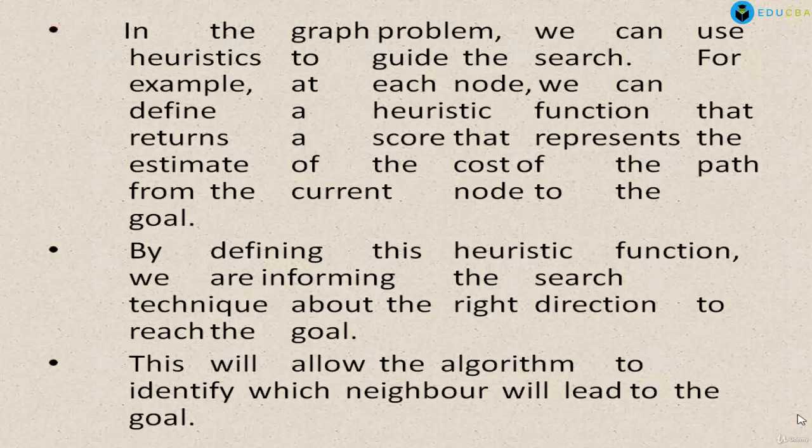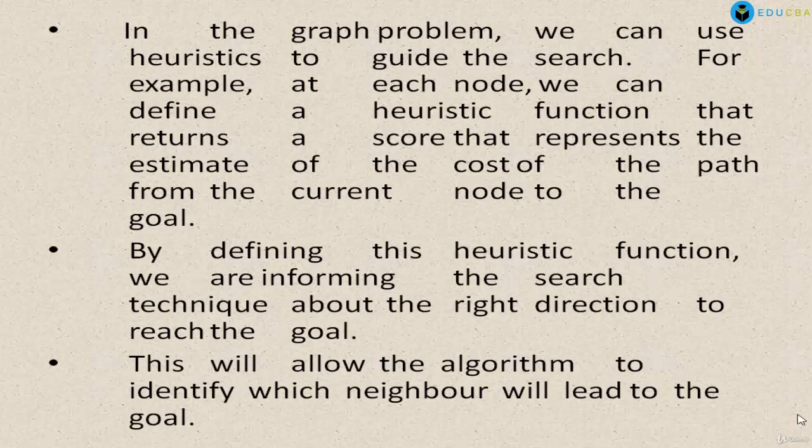Let's say in a graph we have to find the optimal path from a source to the target. After applying heuristics to that, we can define a heuristic function on each node that will represent a score, or you can say a number, which is representing the estimate of the cost of the path from that node to the target.